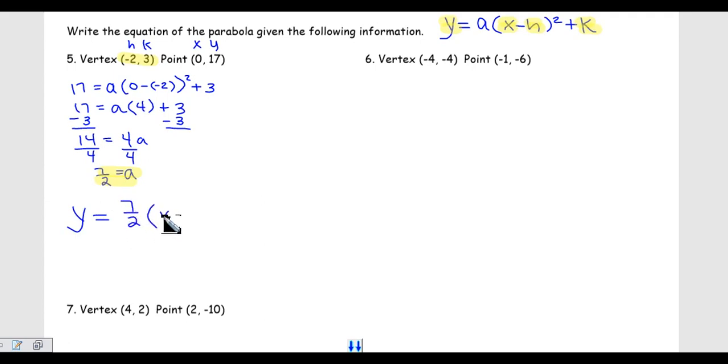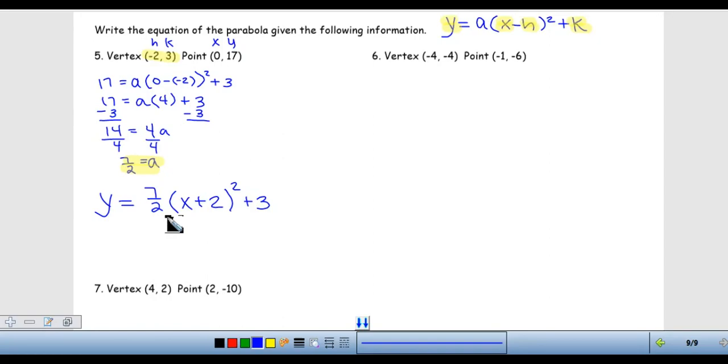Then I have x minus h. So it's going to change the sign because I have minus a -2. That becomes plus 2 squared, and the k will remain the same. It's positive, so it stays positive. And this is my final answer.